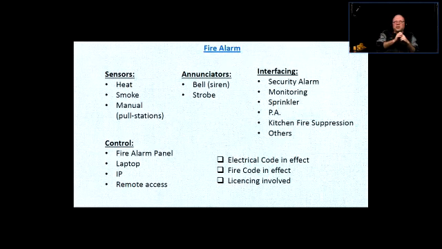That depends on the area and the rules and regulations that apply to it. So the code and the rules that apply to certain areas should be reviewed before connecting things in a certain way. But what is possible? For example, the security alarm could be connected to a monitoring station and the fire alarm not. Then there could be an output relay of the fire alarm connected to one of the inputs or zones of the security alarm.